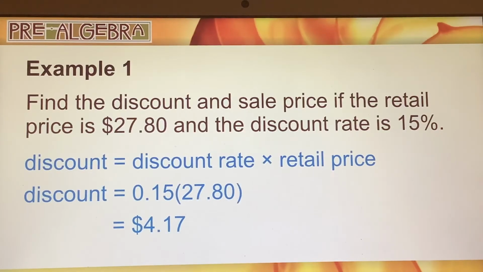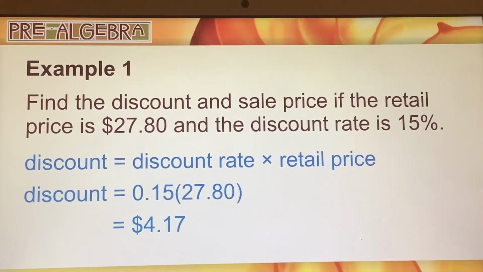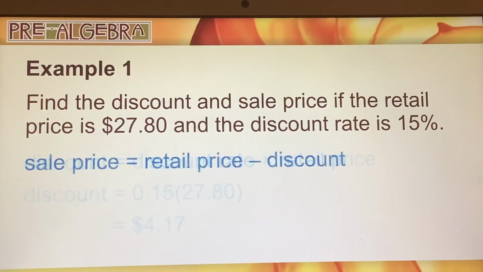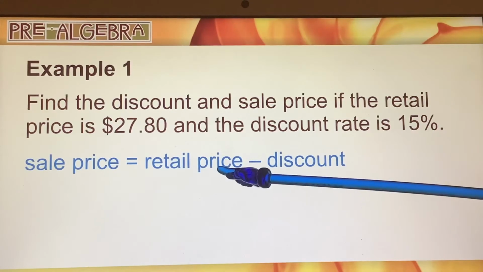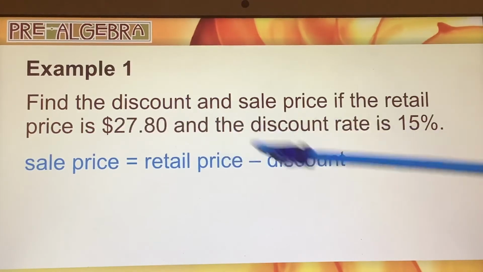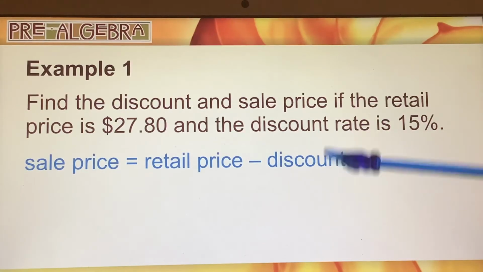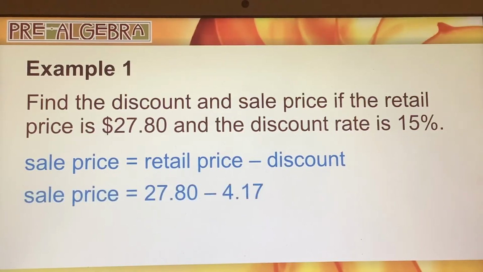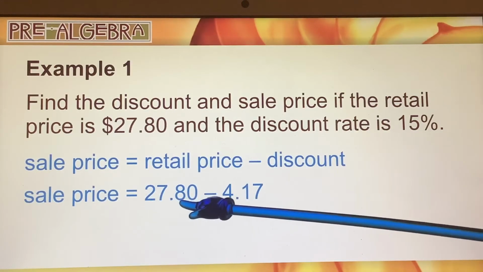Then, the second part of the question says find the sale price. So, how do we find the sale price? That means the sale price is equal to the retail price, the original amount, minus the discount. The retail price, the original price, was $27.80.